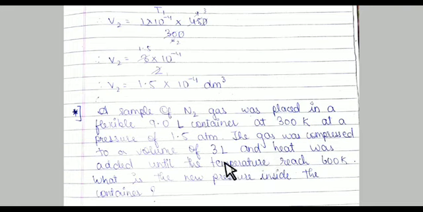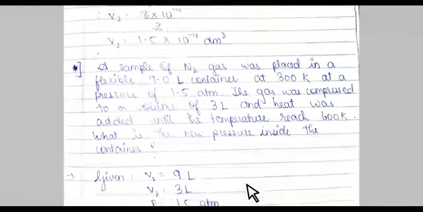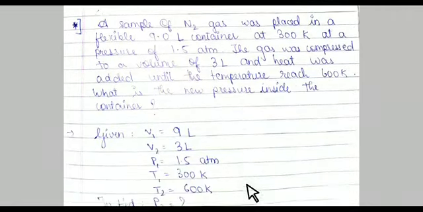Now the gas is compressed to a volume of 3 liter, so it is V2. And heat is added till the temperature becomes 600 Kelvin, so it is T2. What we have to calculate here? The new pressure inside the container, P2.